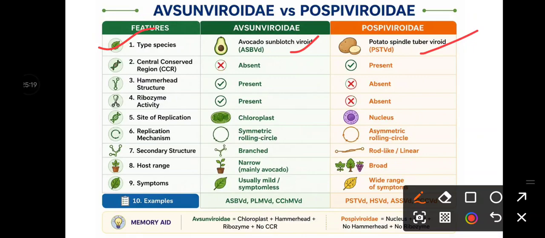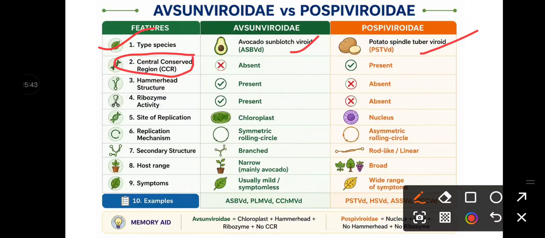Then the major characteristic feature, the central conserved region. I have already told you the viroid contains 5 domains: T domain, then P domain, P for pathogenicity, T for terminal left, then variable domain, then central conserved domain, and terminal right domain.